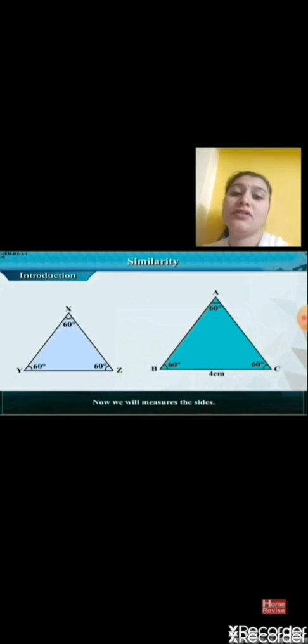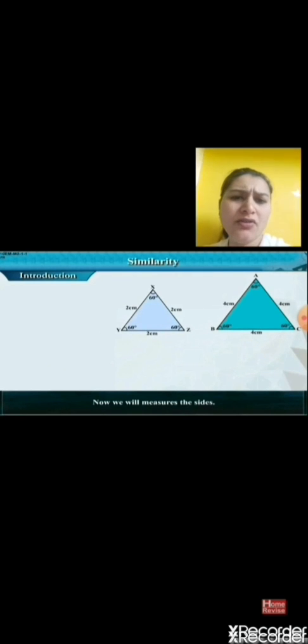Now we'll measure the sides. All three sides of triangle ABC you will get 4 and all three sides of triangle XYZ you will get 2. Can you see it's nothing but it's in proportion?